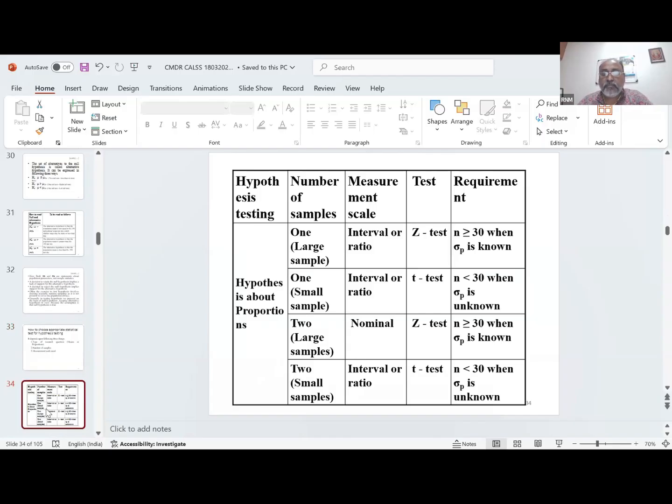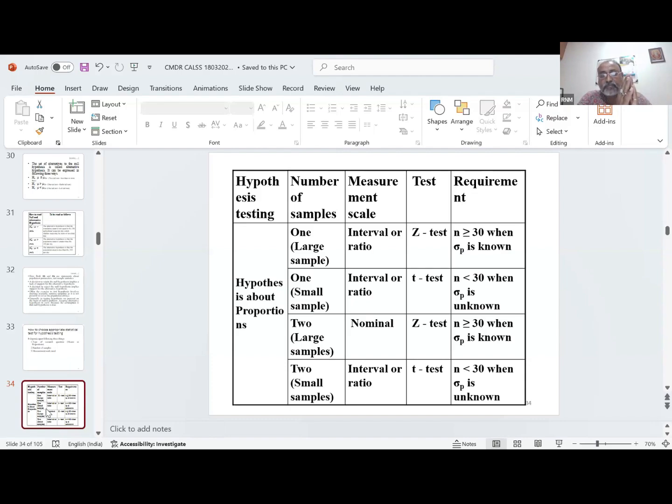Slide number 34 tells that you have something called large sample and small sample. What is a large sample? It is understood that if your n, the number of observations, is greater than or equal to 30, then your sample is a large sample. It is a thumb rule. In statistics we use a lot of thumb rules, like standard deviation should be 0.5.